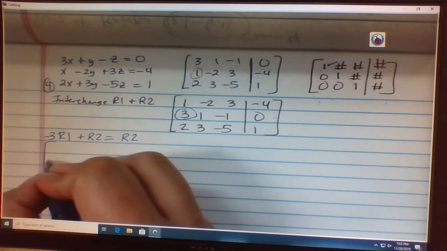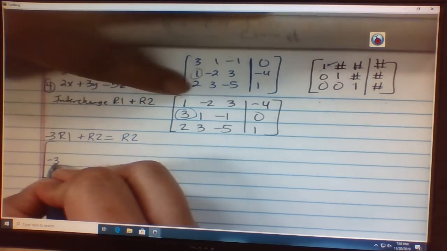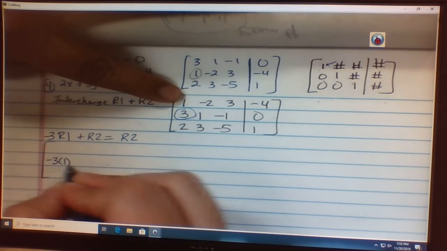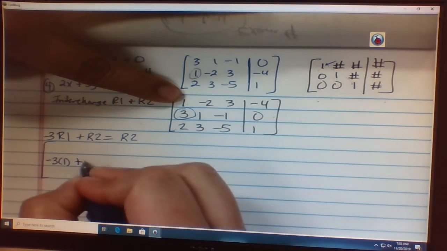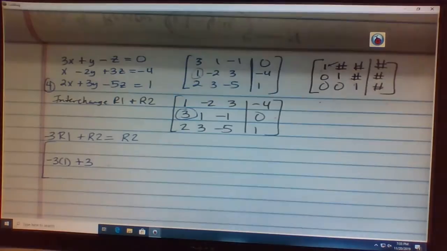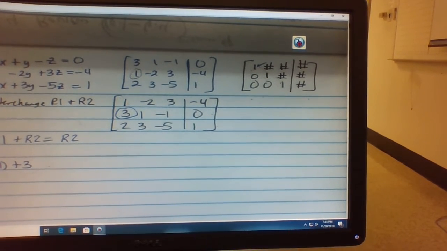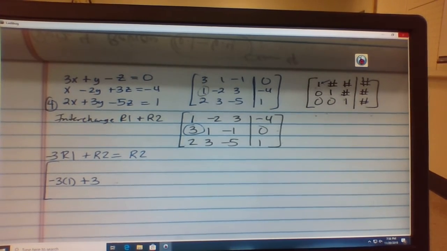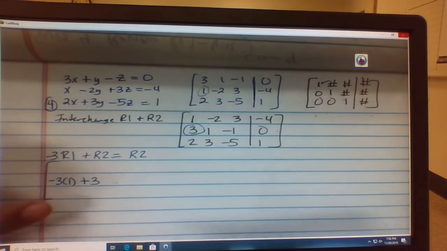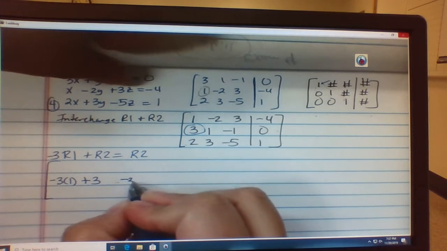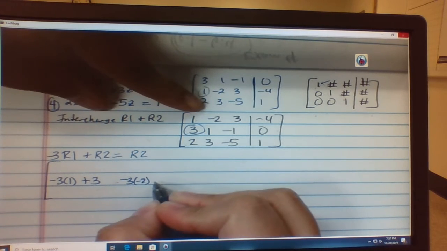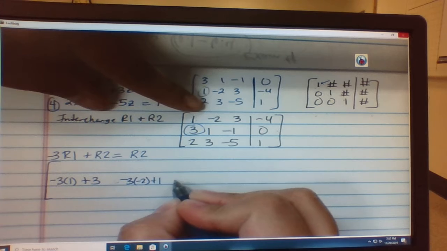So I have negative 3 times my row 1, which is a 1, plus a 3. Then we have negative 3 times negative 2 plus 1.